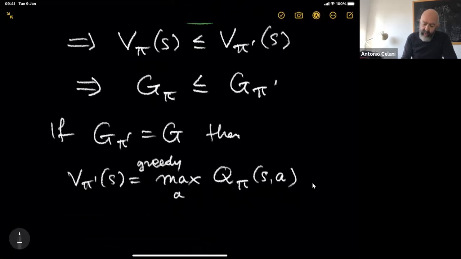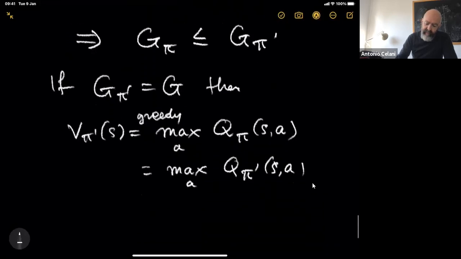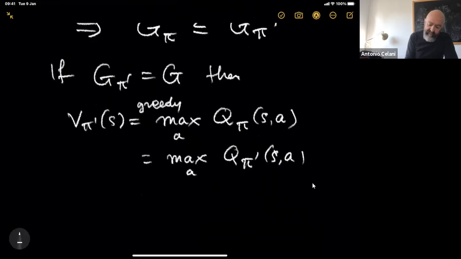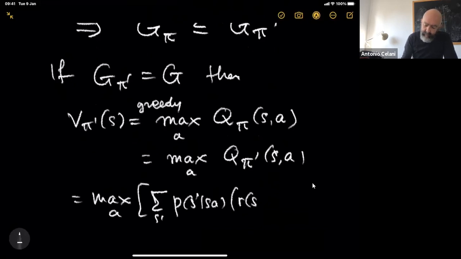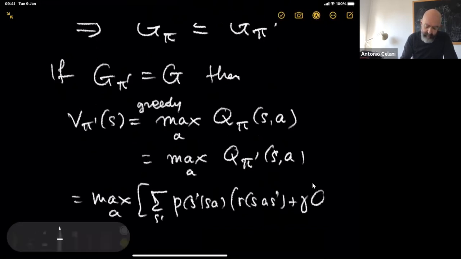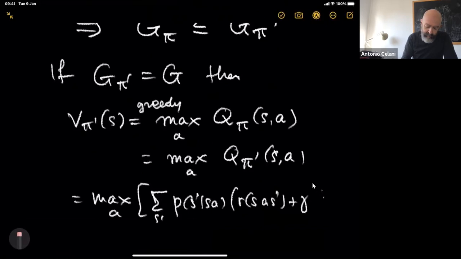But since pi is equal to pi prime, this is also equal to the maximum over A of Q pi prime of S, A. Okay. But this in turn is equal to max over A, by definition, of the sum over S prime, again using the definition of Q.